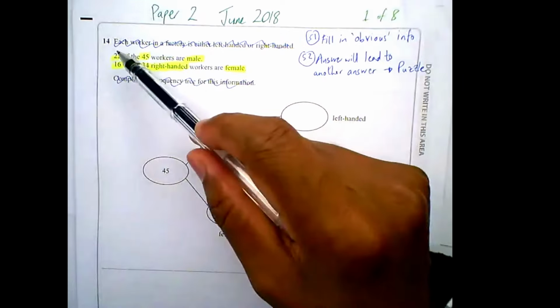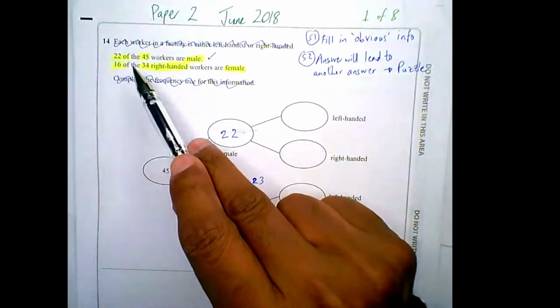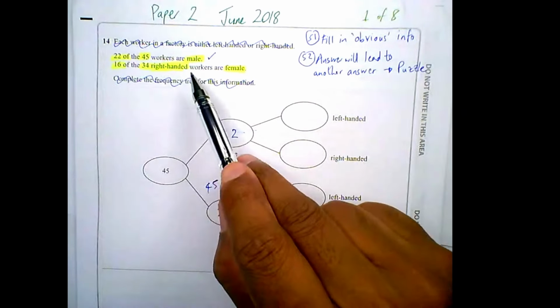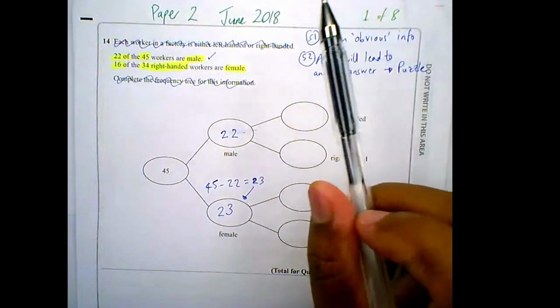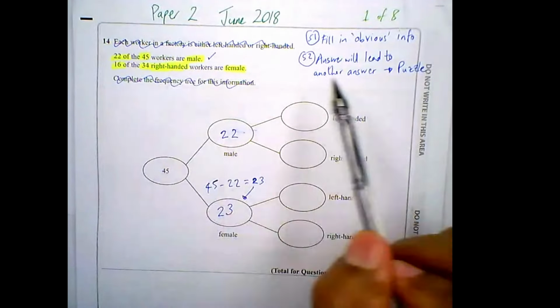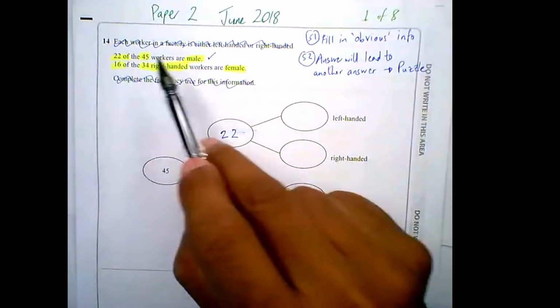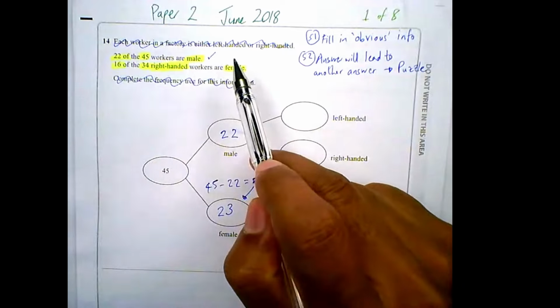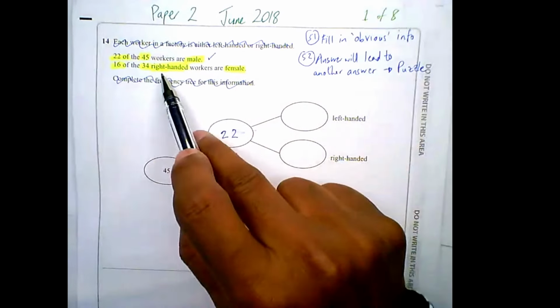So I've analyzed the first sentence. Let me look at the next sentence. 16 of the 34 right-handed workers are female. So we've got 34 right-handed workers and 16 of them are female. So we're looking for female and right-handed are 16.